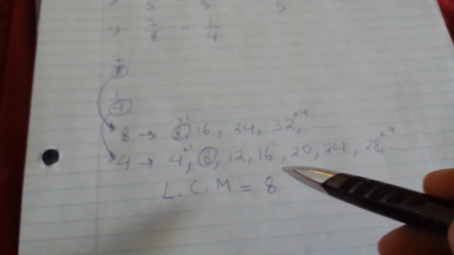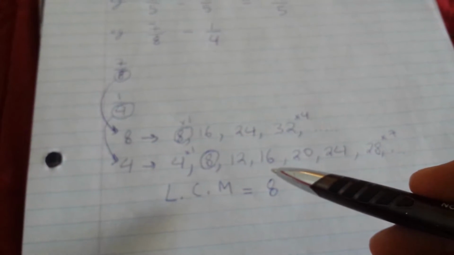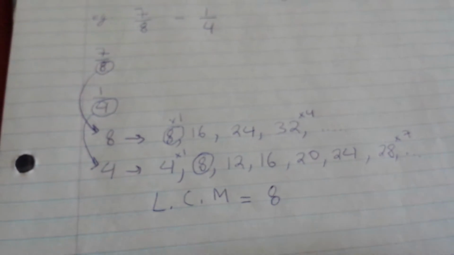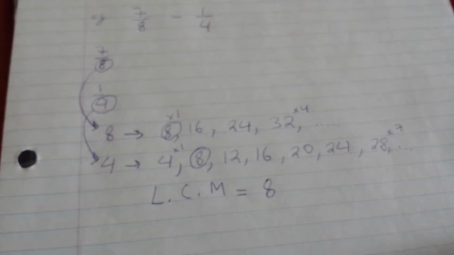I just wanted to go through this process with you in case you are not familiar with fractions at all and have never subtracted or added a fraction before. Know how to do it the long way, and then with time you'll be able to easily figure out the lowest common multiple between numbers. You don't need to write out this tedious list the way I'm doing right here.